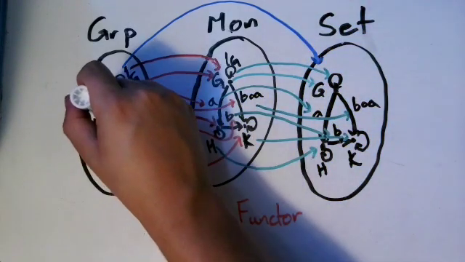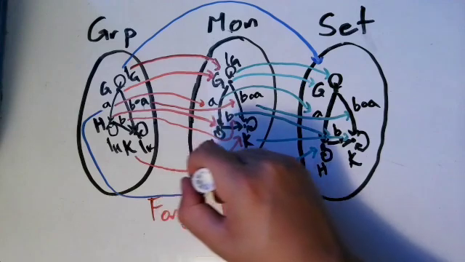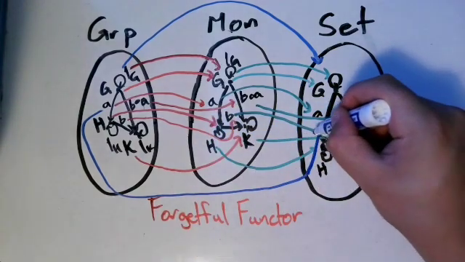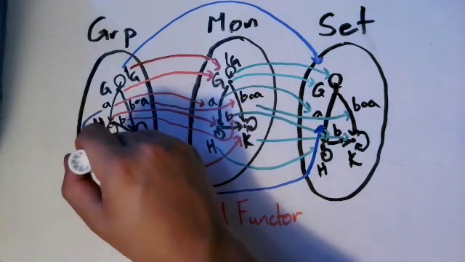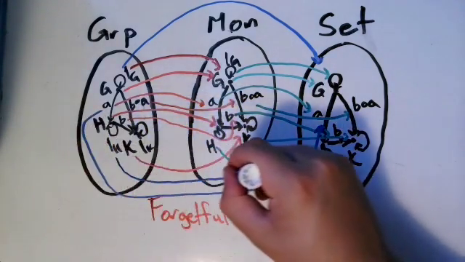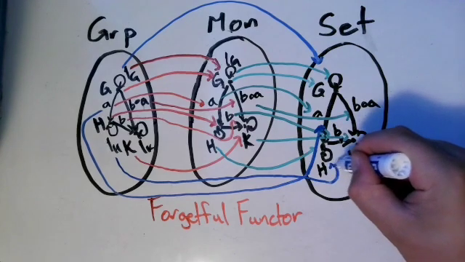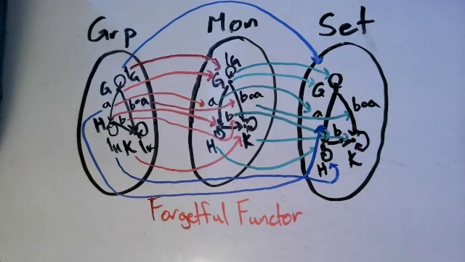We, of course, don't need to stop through the category of monoids. We can simply include every morphism and every object in the category of groups as themselves in the category of sets.